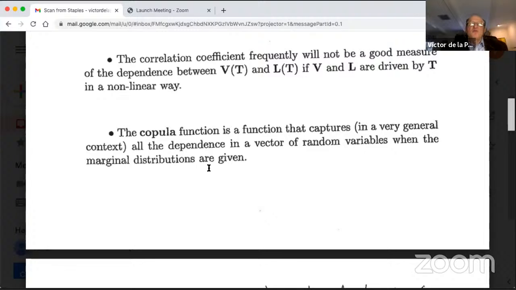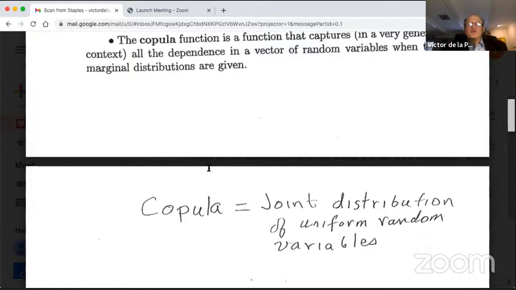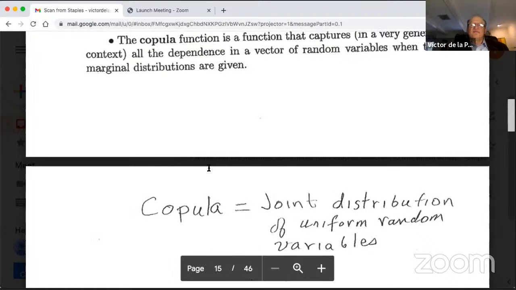The copula is that function. So this is the brief, the end of the class is just this statement. Copulas are joint distributions of uniform random variables. That's all you need to know.